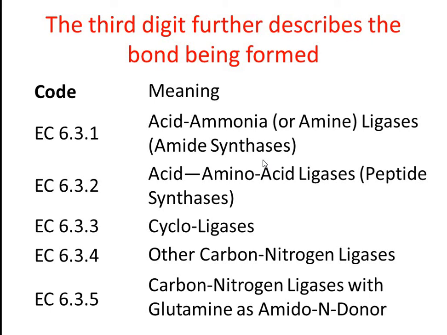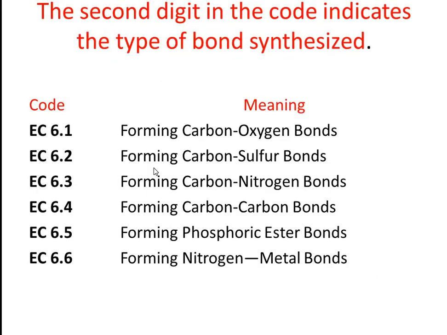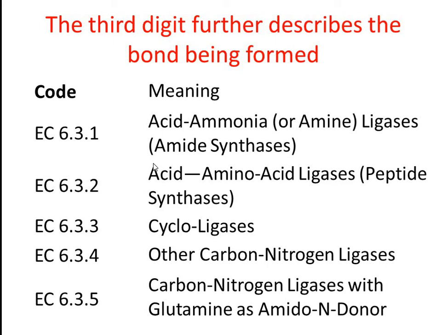The third digit further describes the bond being formed. For example, in second digit 3, that is the CN bond formation, the third digit 1 indicates the acid-ammonia ligases. The third digit 2 indicates these are the peptide synthetases, that means acid-amino acid ligases.